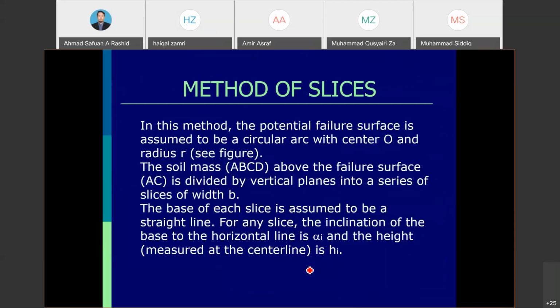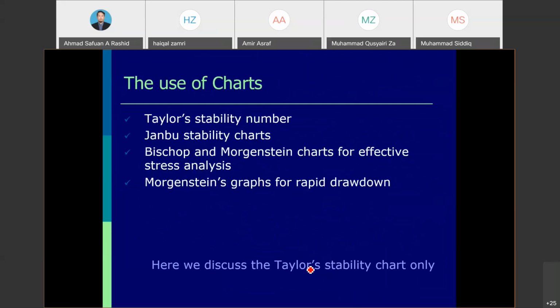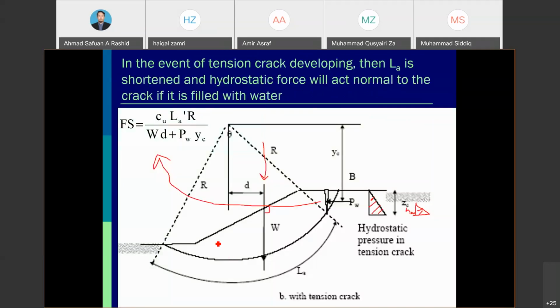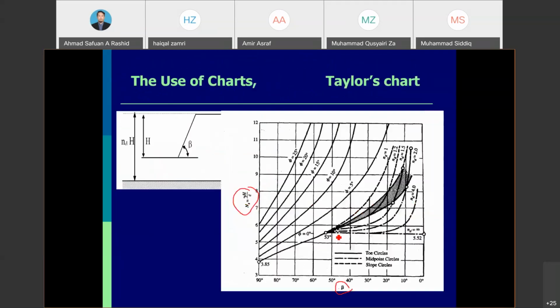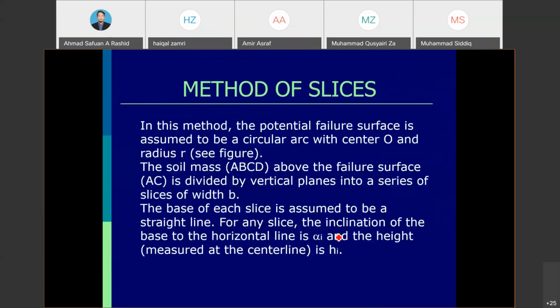This is the discussion on the method of slices. Previously, with total stress, we did not divide into several slices. Later on, the method of slices is very comprehensive because it can cover the pore water pressure as well.